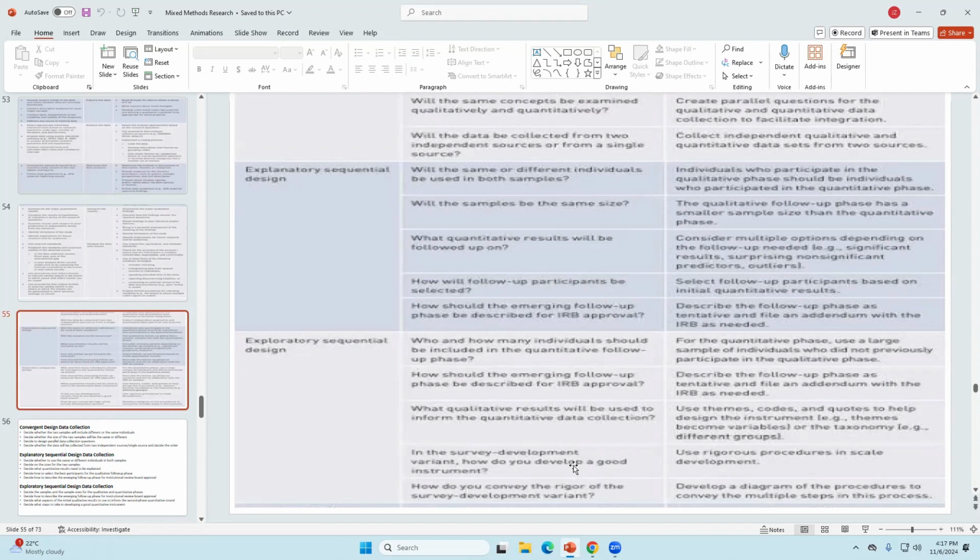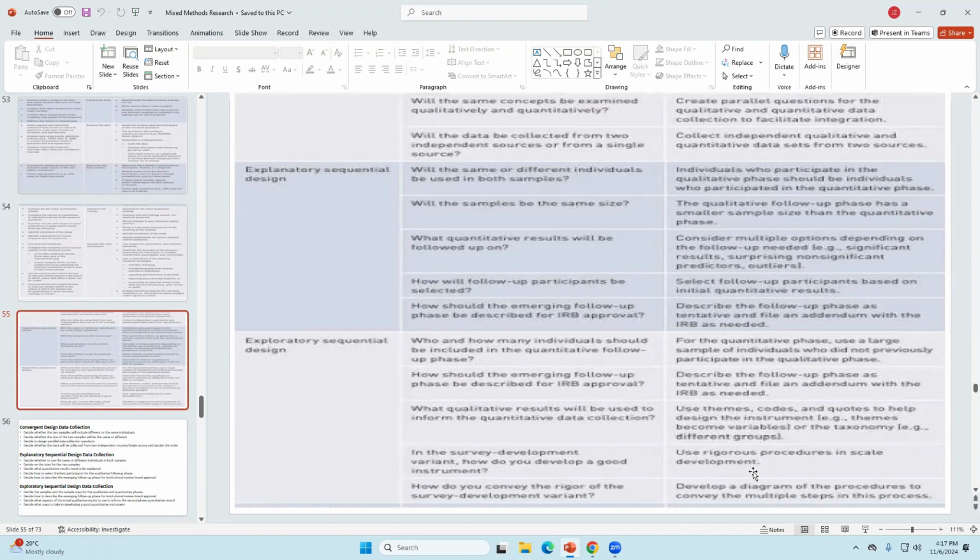Yes. In the survey development variant, how do you develop a good instrument? Of course, the second phase is a survey. First phase is qualitative, second phase is a survey. How will you apply that survey? How will you design that survey? Use a rigorous procedure in scale development. Usually, first phase qualitative, second phase quantitative, you use the scale development procedure.